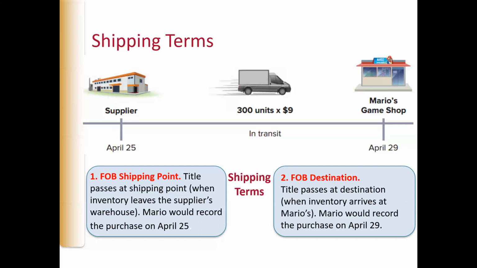In that case, the title passes to Mario when they receive the goods at the destination, at Mario's warehouse dock. If that's the case, then Mario would record the purchases on April 29th. So depending on how the shipping instructions work depends on when we will record this transaction.